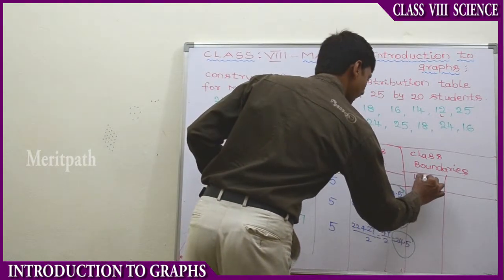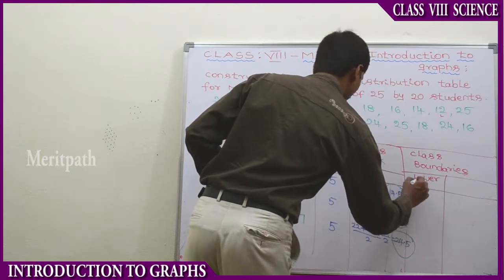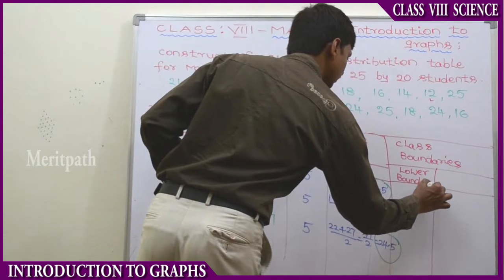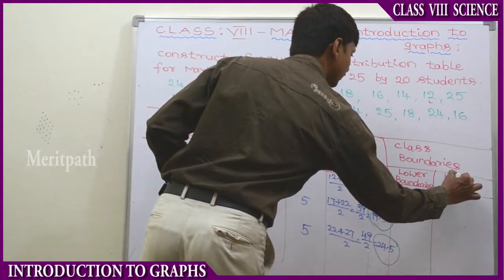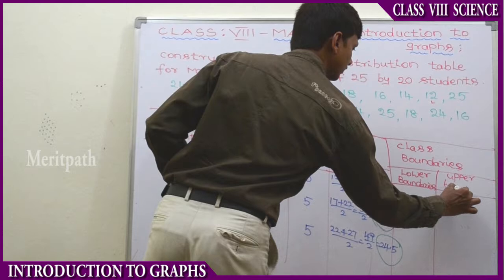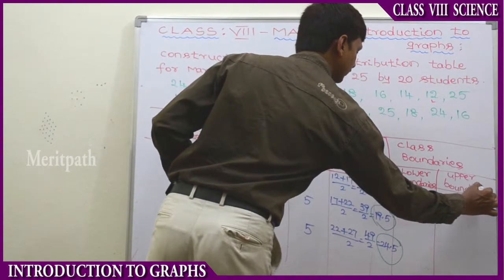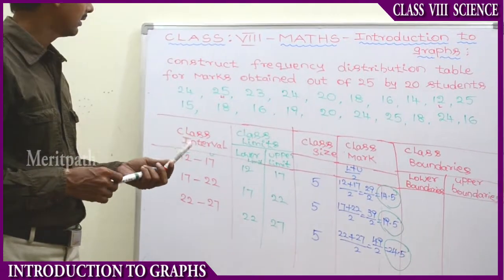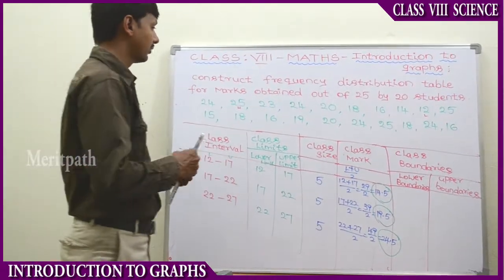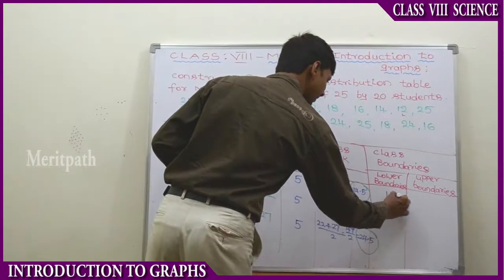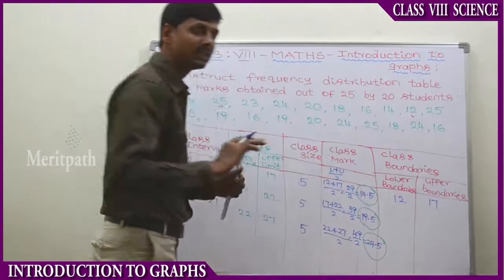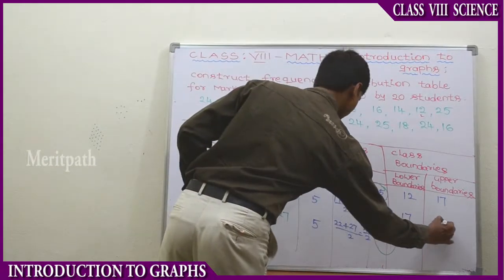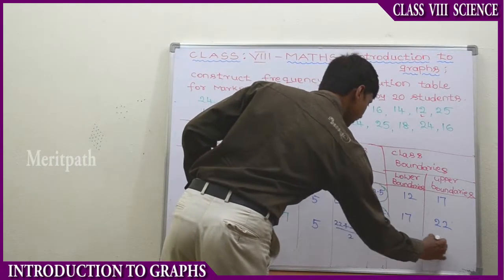So lower boundaries and upper boundaries, when we write, are the same as the lower limits and upper limits: 12, 17. In this case, it will be similar. For inclusive classes, we need to change them and write. So 17, 22, and 22, 27.